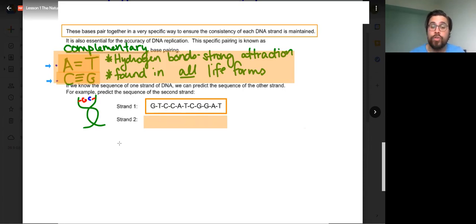How would that second strand look if we know that first strand? Take a second, try it out, write it out, and tell me what you think.